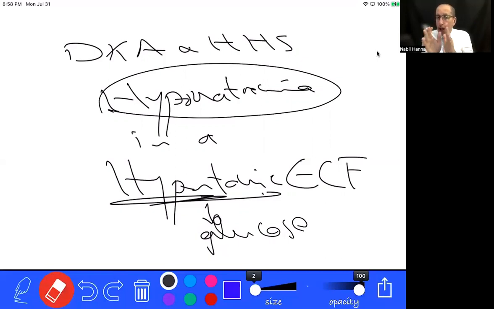Again, all hypernatremias are hypertonic. All hyponatremias are hypotonic, except DKA and HHS, where you get hyponatremia in a hypertonic scenario.